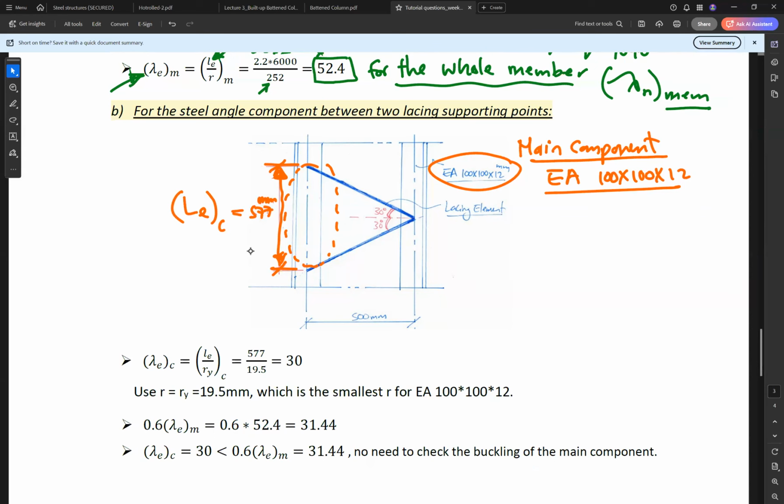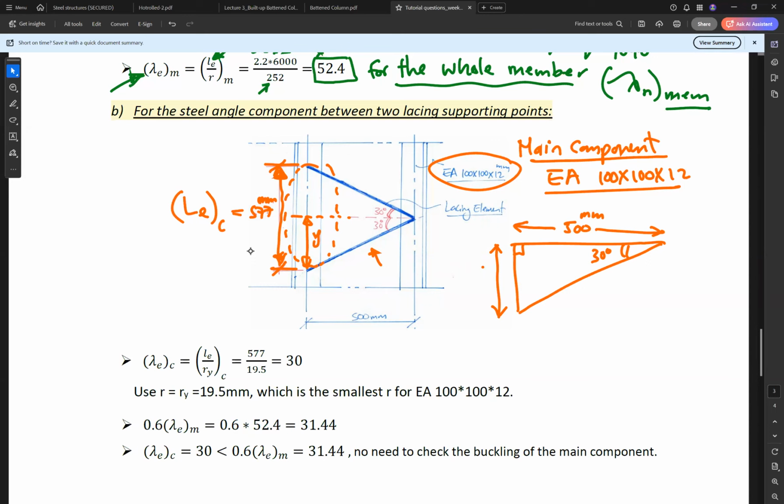How did we get this value? If we take this triangle outside, this is a right angle, this is 30°. We know this distance as 500 millimeter. So now we can know half of this one.